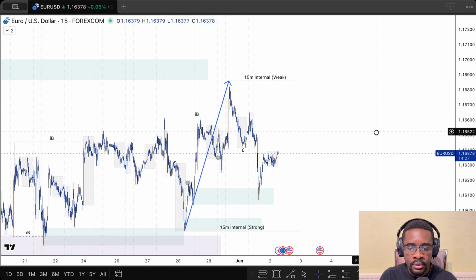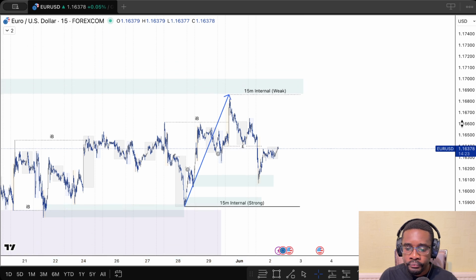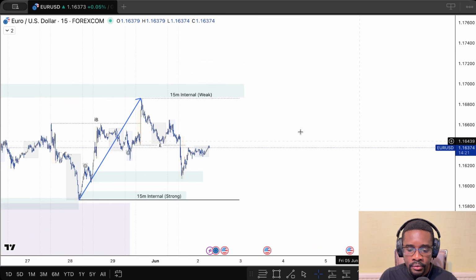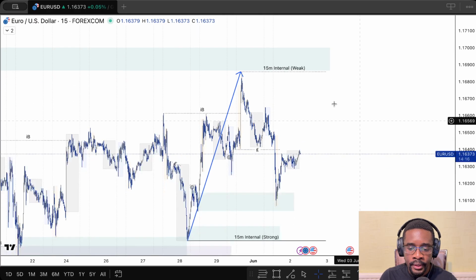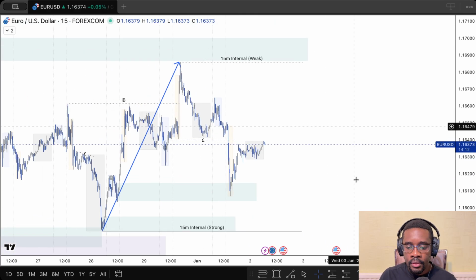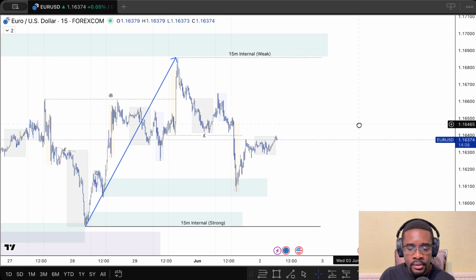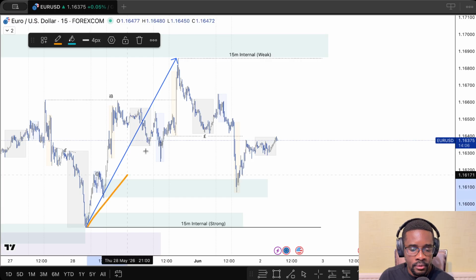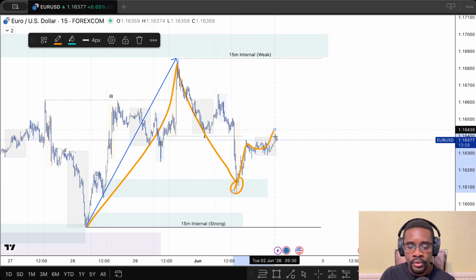Our internal is bullish, so we could have been just bullish in order to facilitate this pullback into this area. Who knows? But as it stands, our internal is bullish. We've had a pullback mitigation into this demand area, and then we've had a reaction from it.